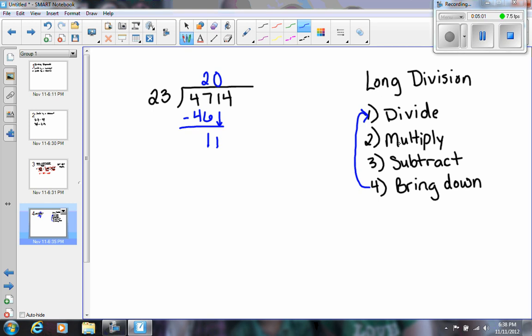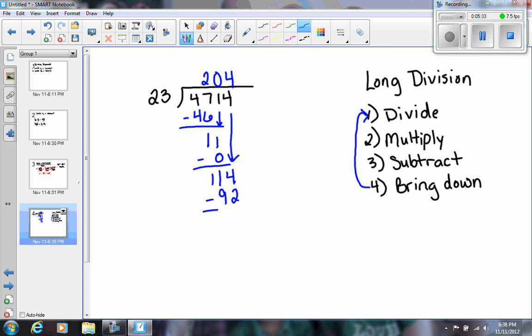Then next I would multiply. 0 times 23 is 0. Next I would subtract. 11 minus 0 is 11. Next I bring down. And I go back up to the top and I divide. 23 goes into 114, almost 5, but not quite. 4 times. And when I multiply, I get 92.